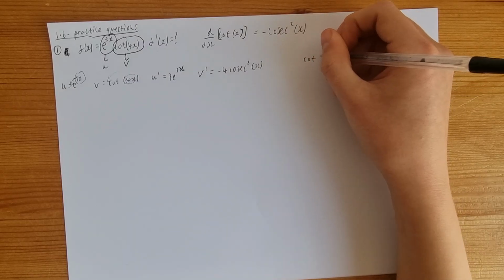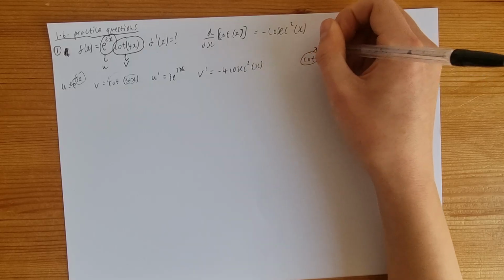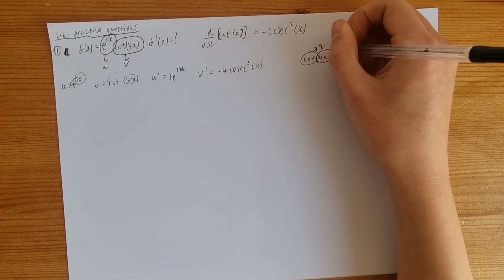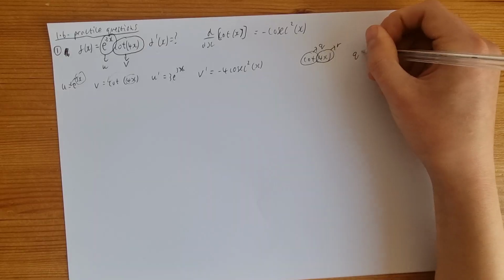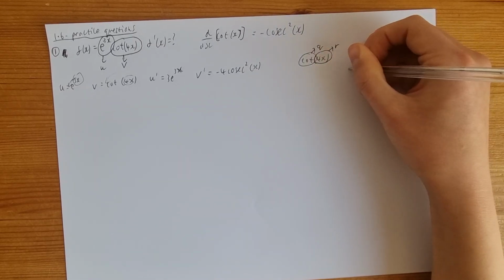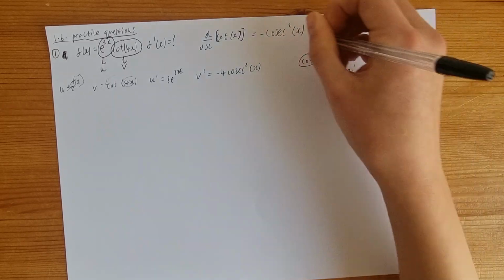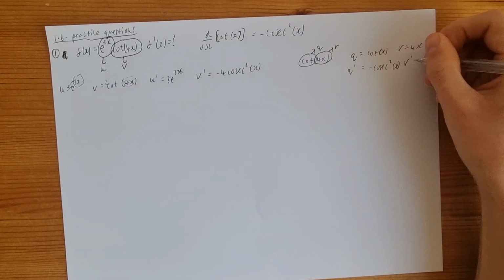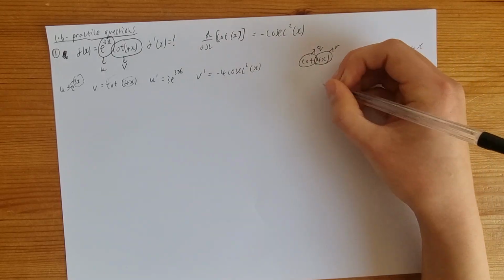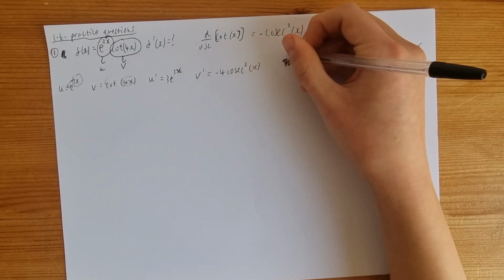So if we have cotangent of 4x, then we could say, let's call this one q, q is cotangent of x, and r is 4x. So q prime equals minus cosecant squared of x, as I've given you here, and r prime equals 4. Let's call this v.